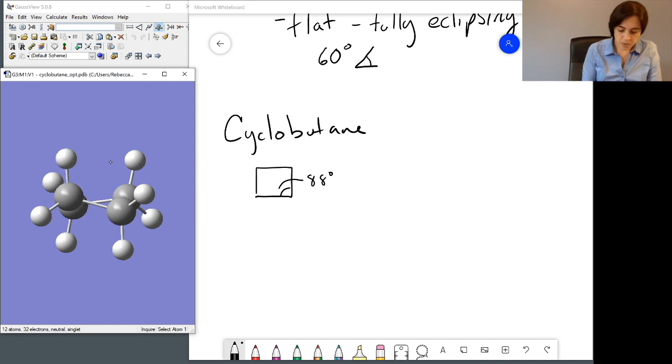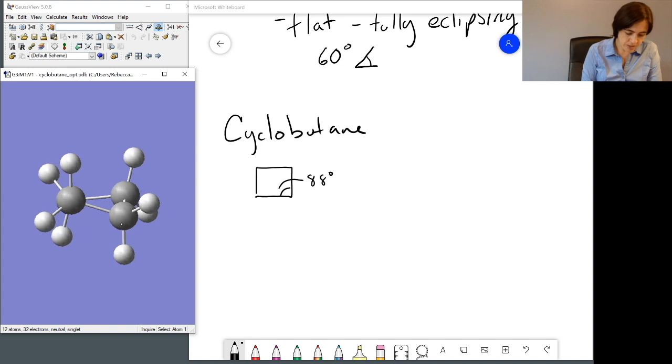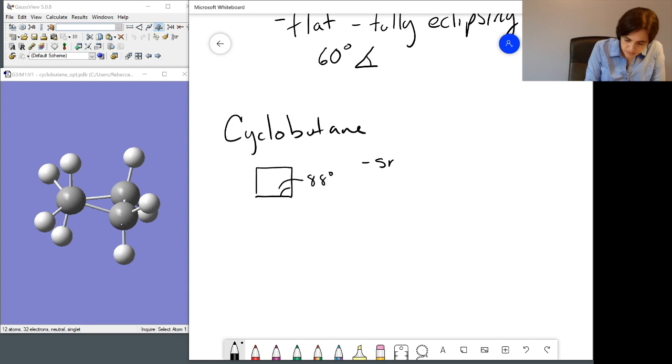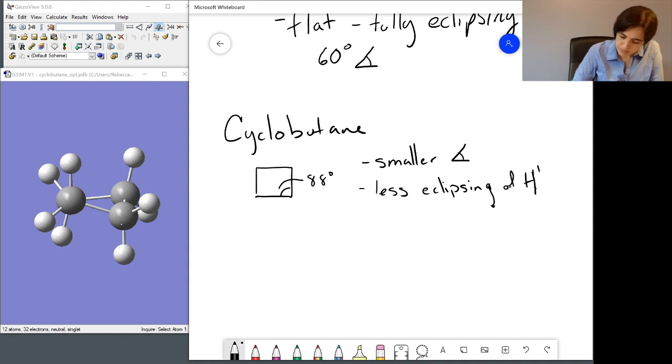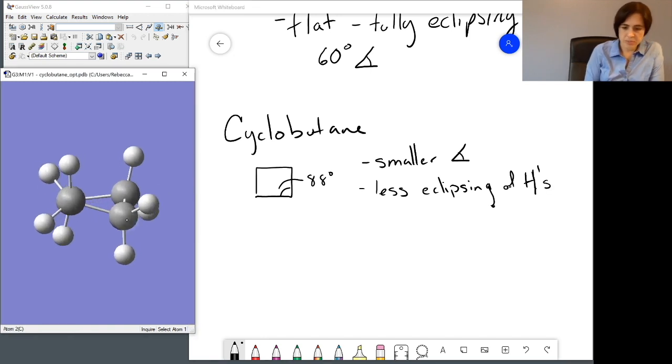And the reason for this is, while this is further from our ideal 109, it does allow the hydrogens to not be fully eclipsing. Right? So here we can see that the hydrogens are no longer fully eclipsed.